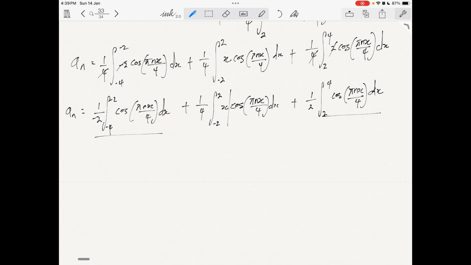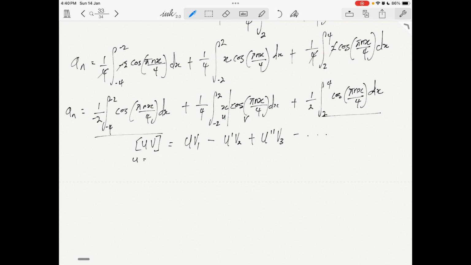However, this will be split into u and v, and we know that when we integrate uv, we have it to be u v1 minus u prime v2 plus u double prime v3, and it continues in that order.